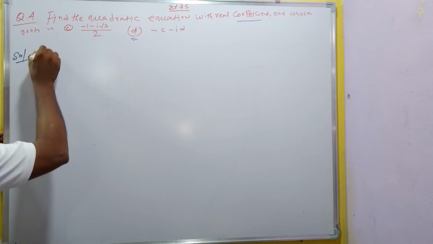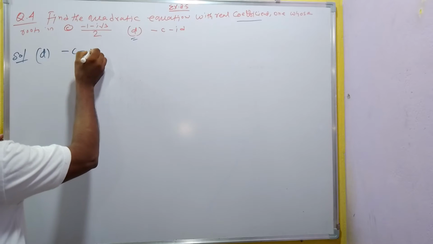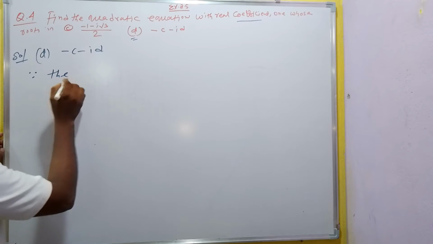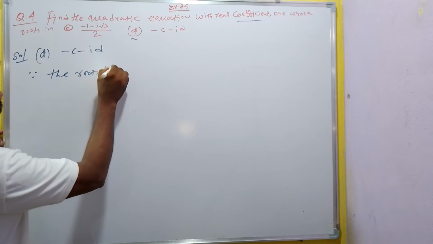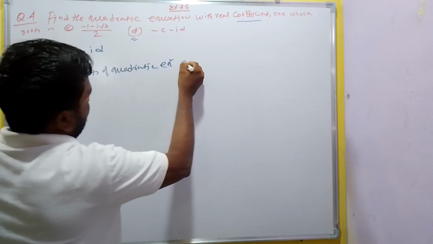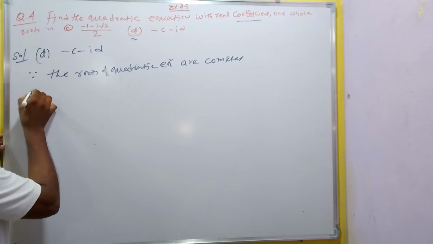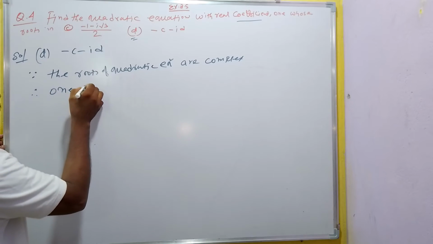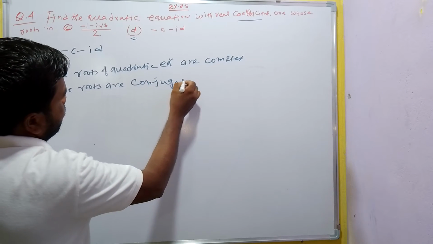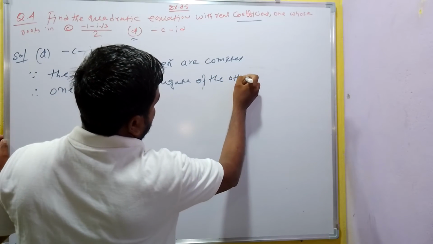For question number D, given that -c - id. Since the roots of the quadratic equation are complex, therefore one root is the conjugate of the other.